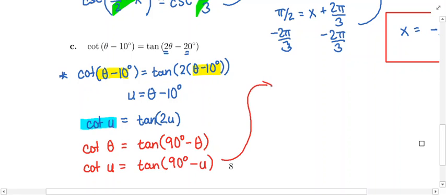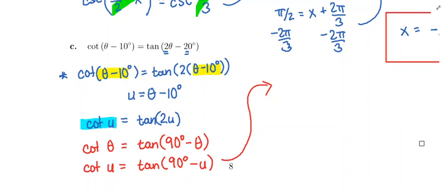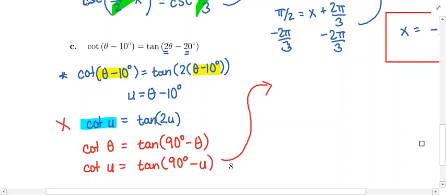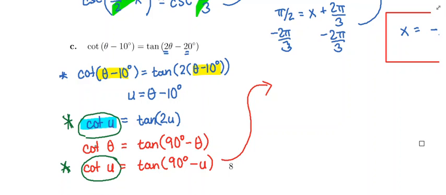So at this point, remember, I need cotangent equals cotangent, or I need tangent equals tangent. I'm going to have to do some replacing here. Let me put it in a different color. We're going to have to look here and here, because we have a match. Cotangent of u is equal to the tangent of 2u, and cotangent of u is equal to the tangent of 90 degrees minus u.